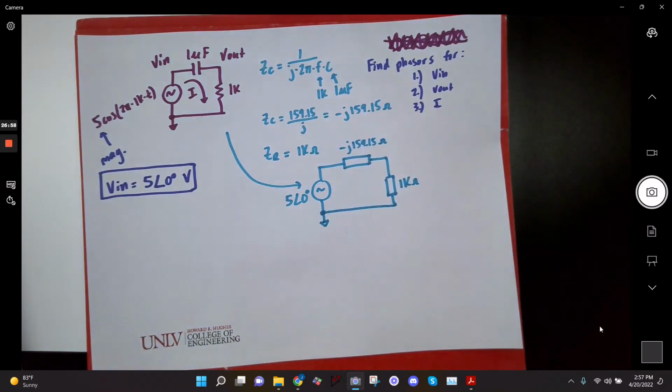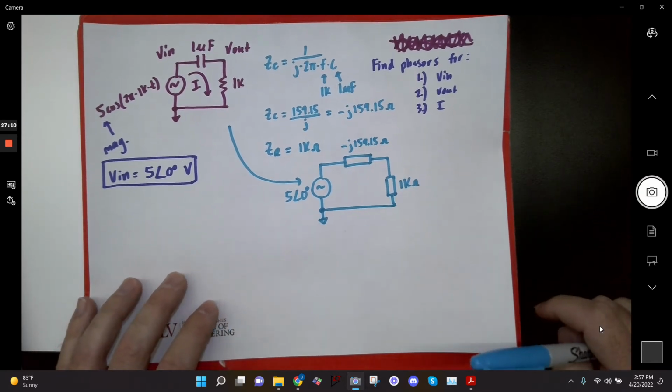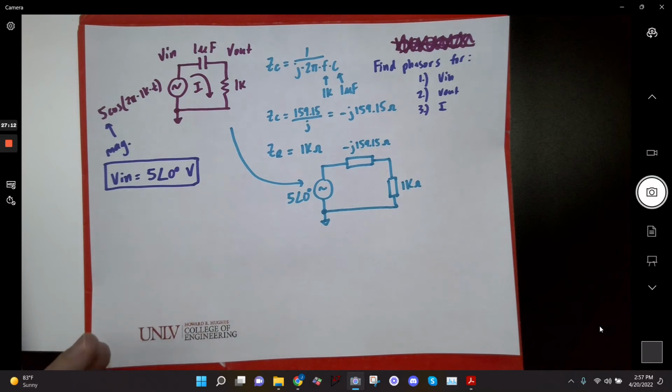Another thing you'll see a lot, and I don't know why, I really don't, they won't draw a ground in these circuits. In the textbook, none of the circuits have ground. I couldn't answer that question, so if you have the question for the textbook author, just email him. I don't know why in the world they wouldn't put ground. Because if you try and run this in SPICE without a ground, it literally won't let you.